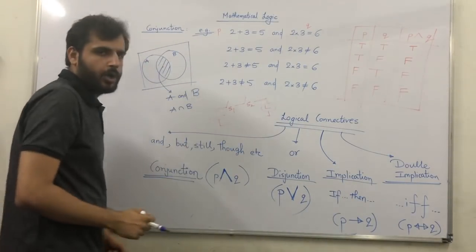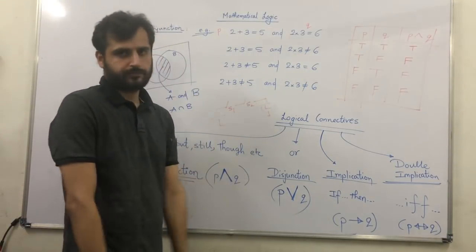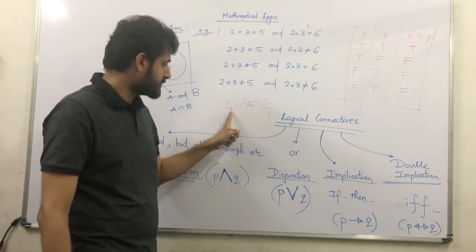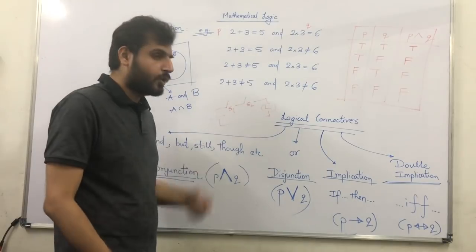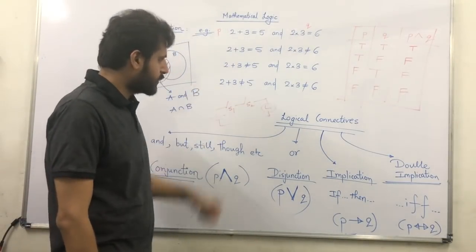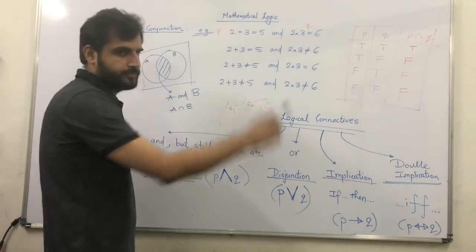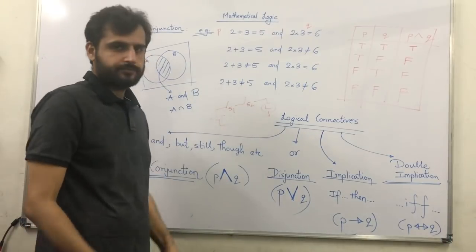You will say both the switches have to be closed. If S1 is closed but S2 is open, it doesn't work. If S1 is open, S2 is closed, doesn't work. If both are open, doesn't work. It works only under one case, that is when both are true, both are closed, the lamp is on.